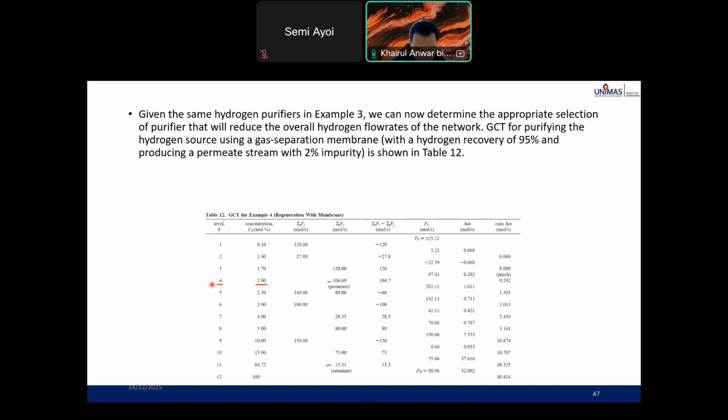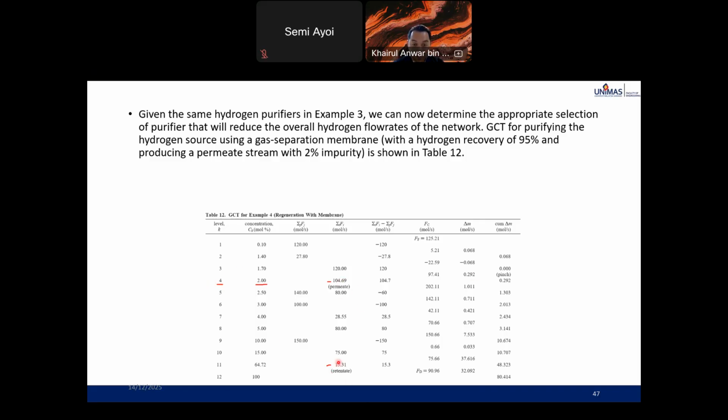3, 3, 4, 5, 10, 15, 17. Good. See the last.